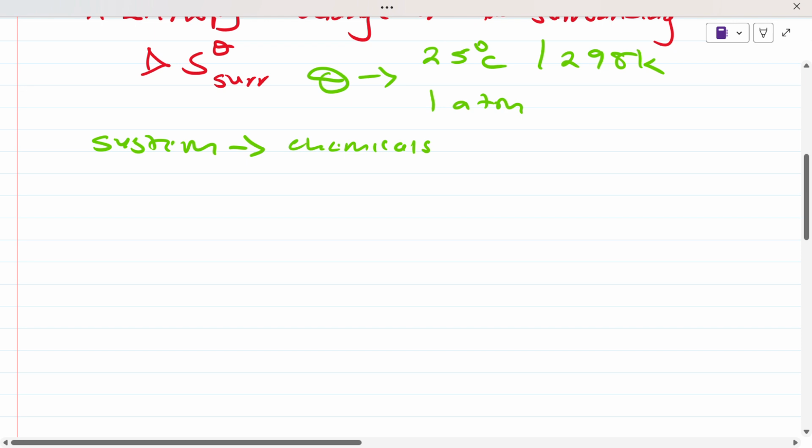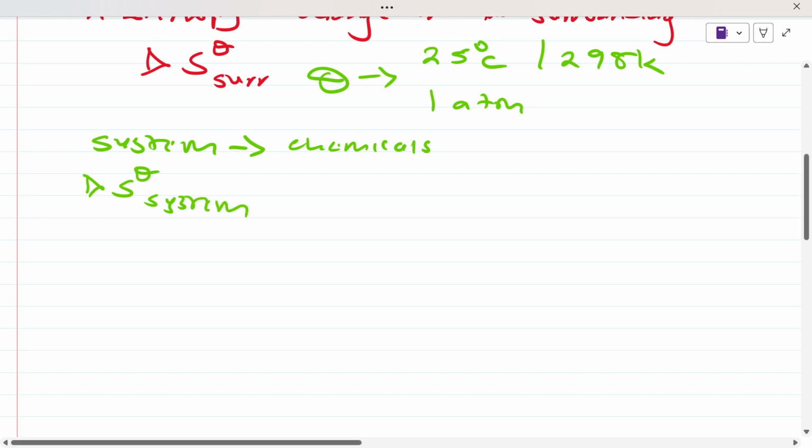They're the chemical substances that are undergoing reaction. Now, to calculate it, there are key things that we need to know. First, we need to know the formula that we use whenever we want to calculate total entropy of a system.